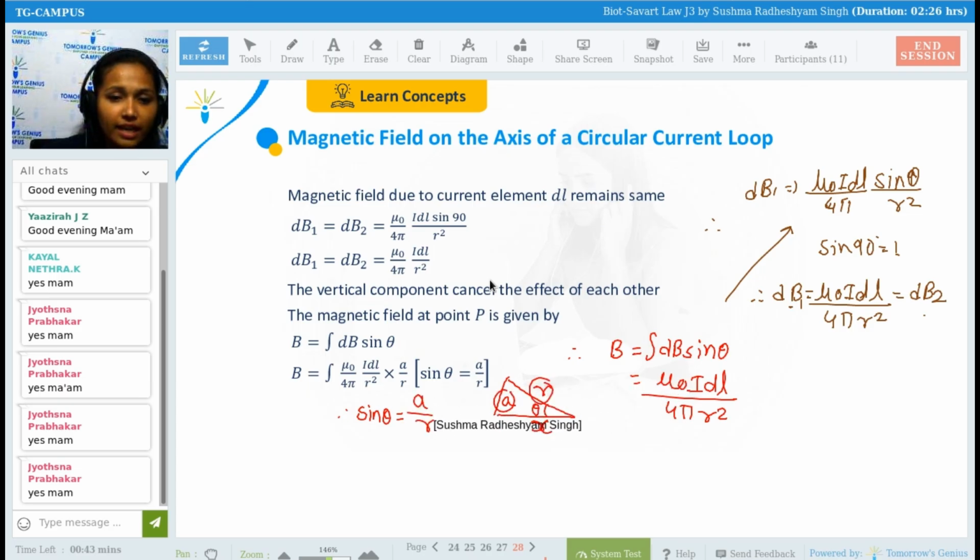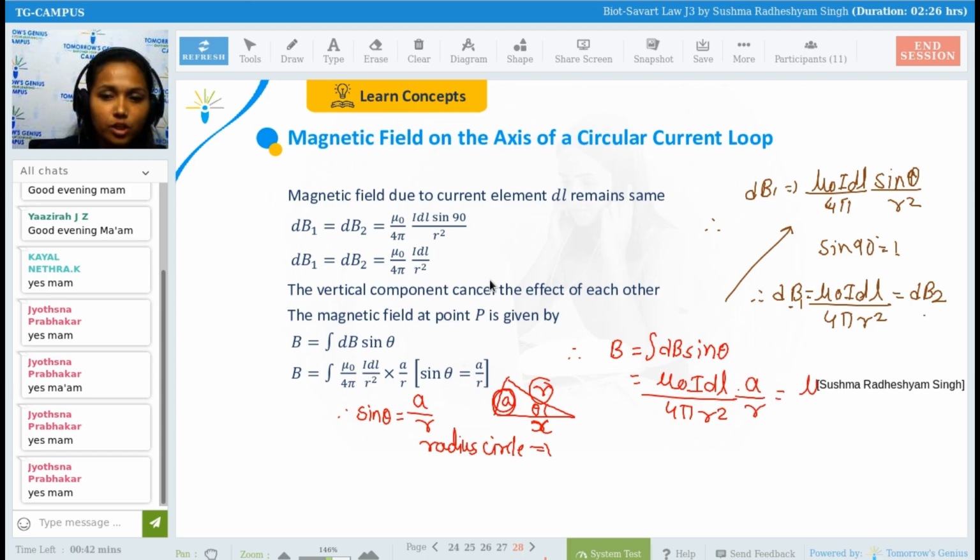So a over r. a is nothing but the radius of the circle. Please keep in mind, sometimes instead of a, they also use z component. So here, instead of sin theta, we put a over r. So from here we get mu naught over 4 pi, I dl upon r power cube, times a.